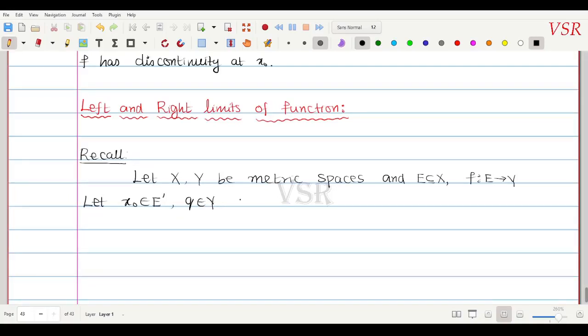We say that f of x approaches q as x approaches x naught.